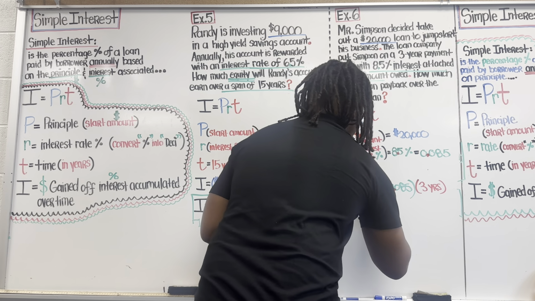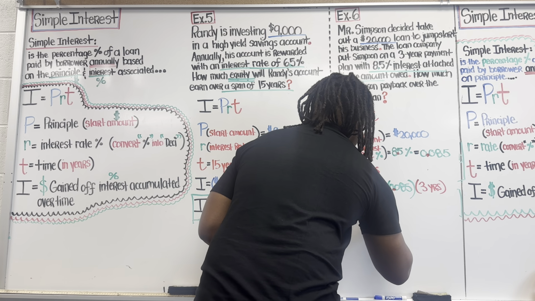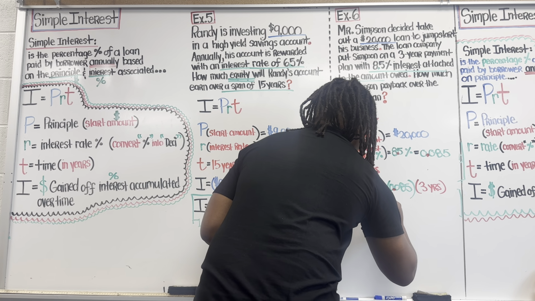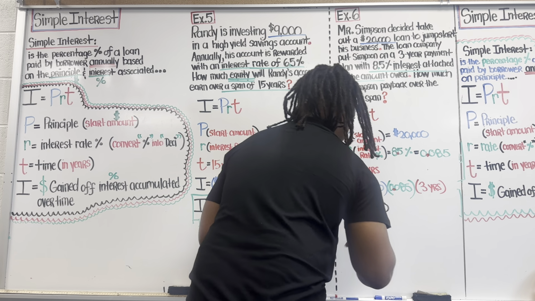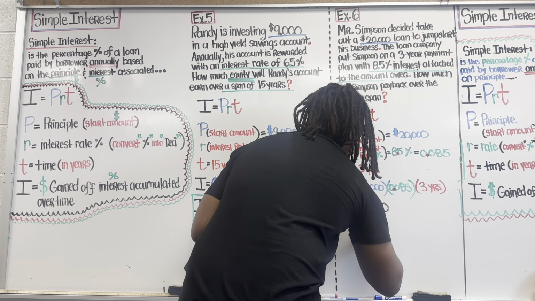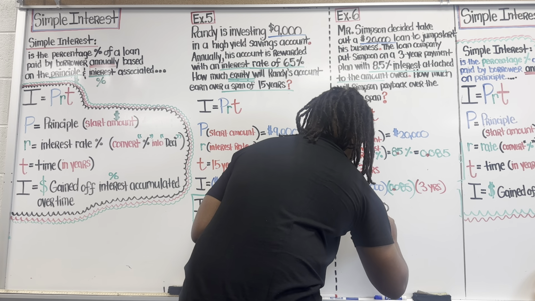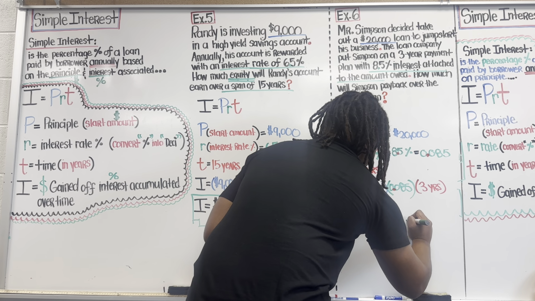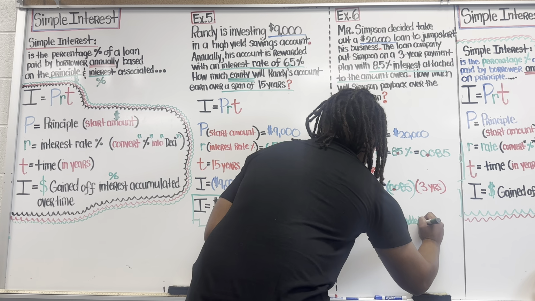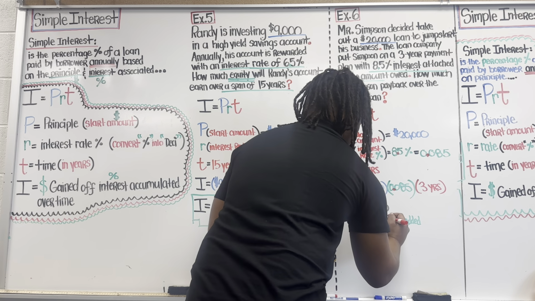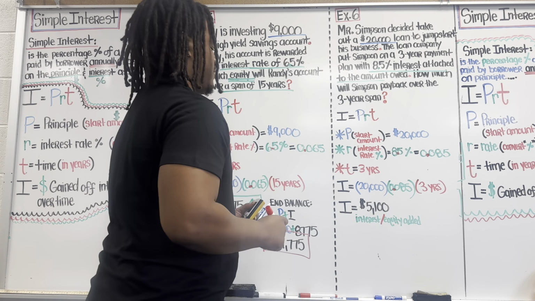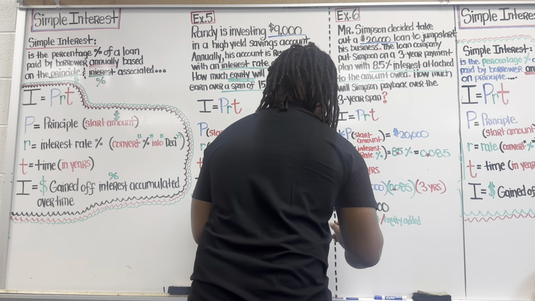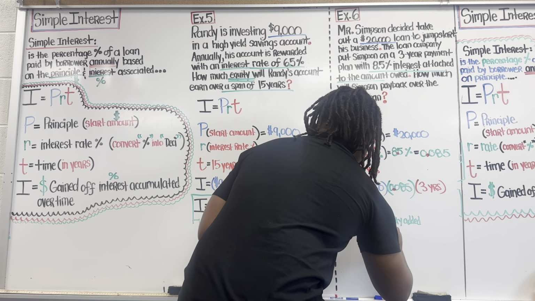So the interest added to his debt is $5,100. That is interest or equity, however you want to say it, added to his debt.